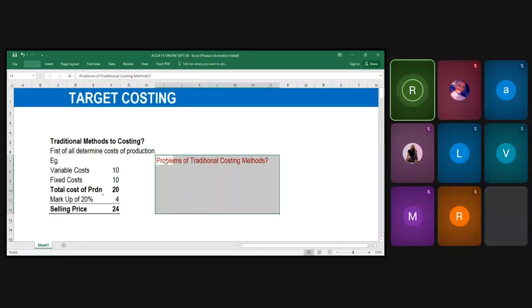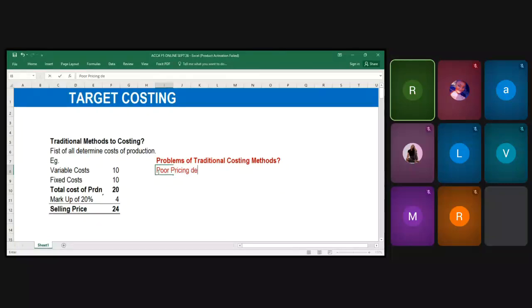Problem number one is that our price may not be competitive. Poor pricing decision. Why? Because we haven't considered the market. So this one is quite self-centered.